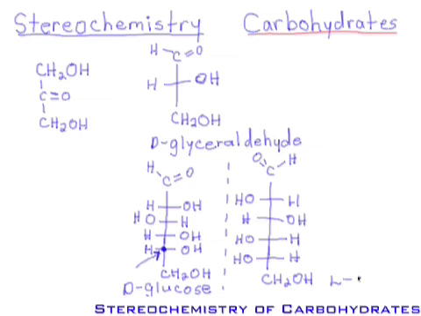What makes you an L sugar? Look at the chiral center furthest from the carbonyl. It is to the left. And it has the same configuration as, of course, L-glyceraldehyde.